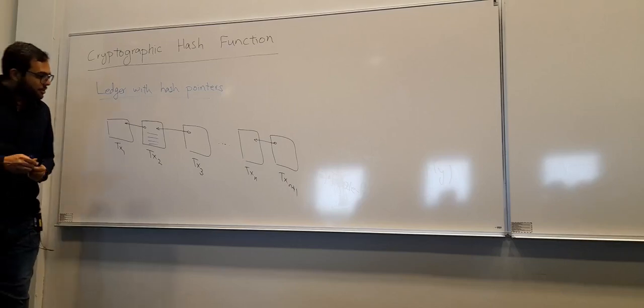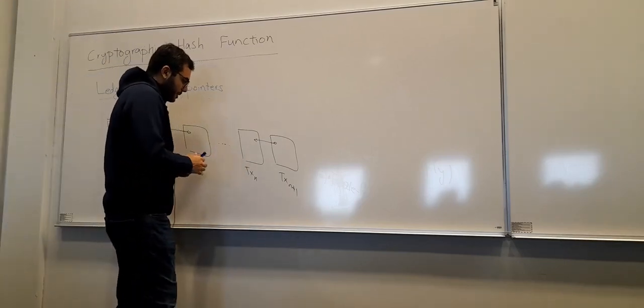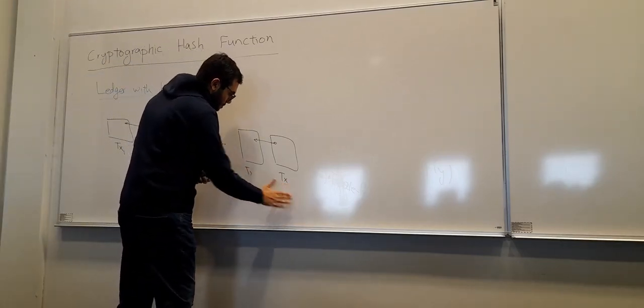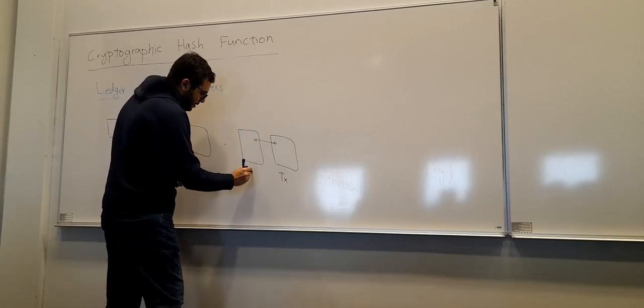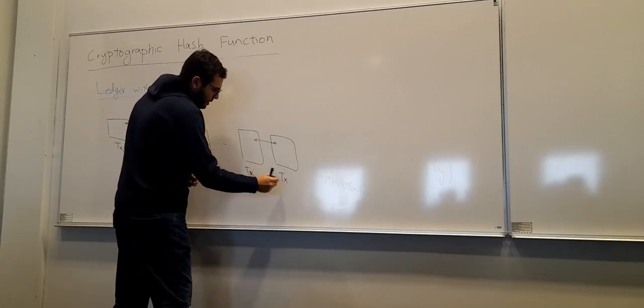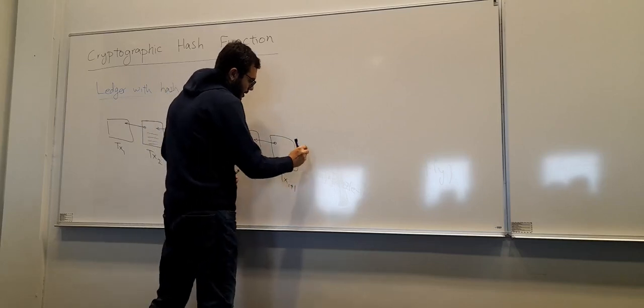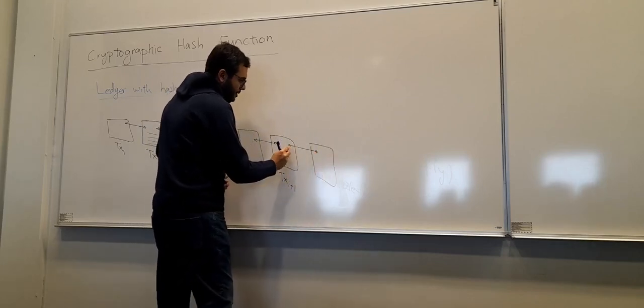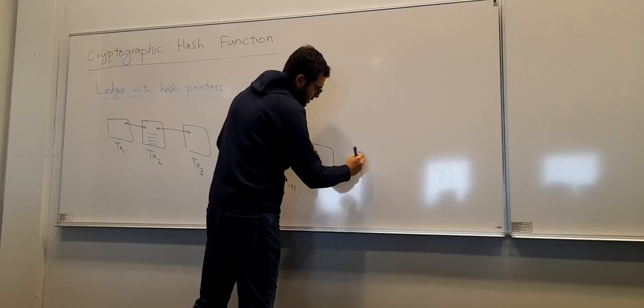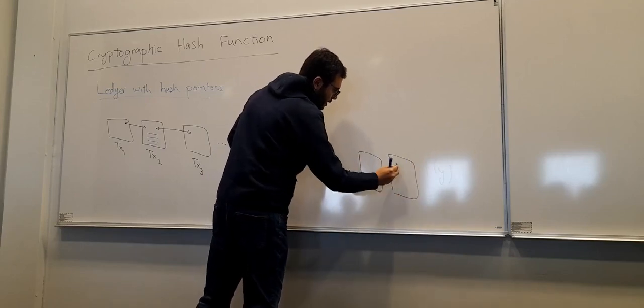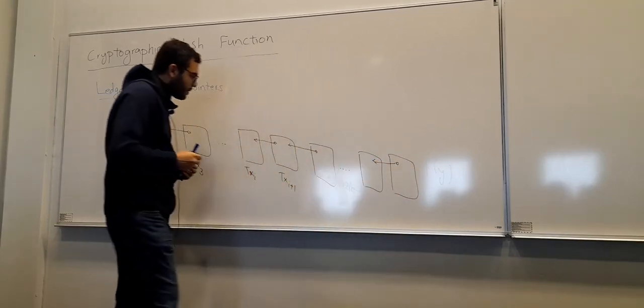Now, just to make this point much more clear, let's say that the bank wants to add some transaction. So let's say I had transaction I here, transaction I plus 1, and I have a bunch of other transactions. And let's say this is the last transaction I had.